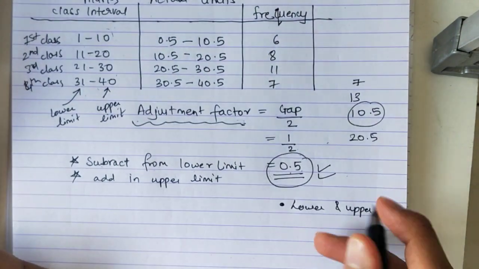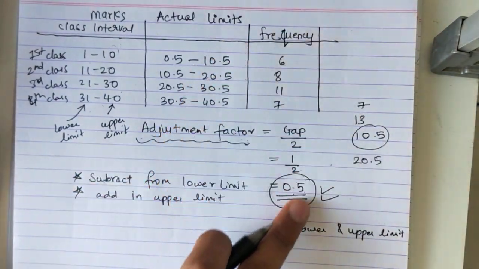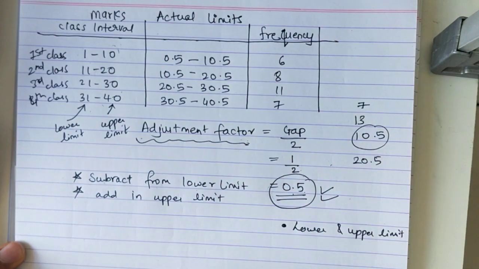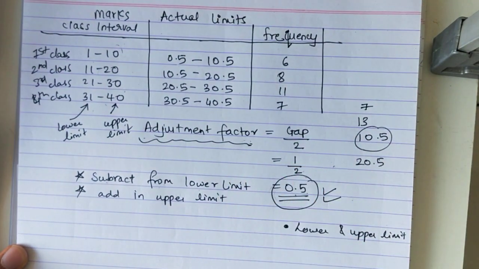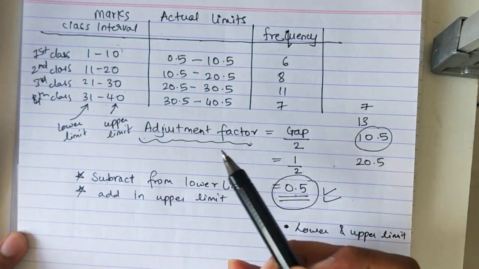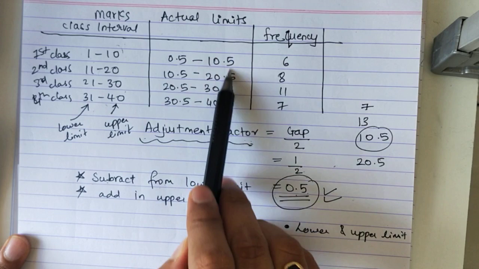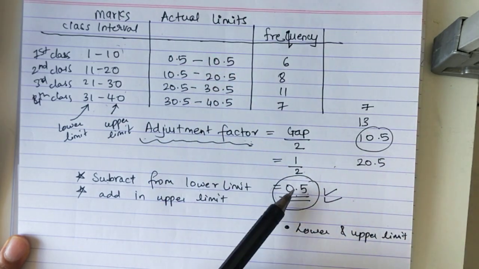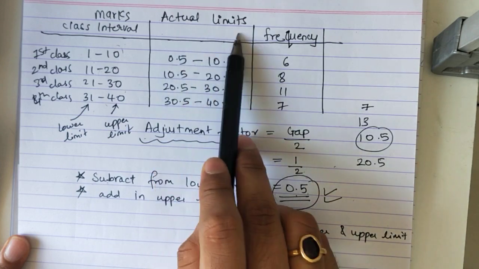Now I'm noting down the points which we keep on learning here. This page is very important for explanation. Whatever I'm writing on this page today, everything is your explanation. Now what are actual limits? So these are actual limits. After subtracting and adding the adjustment factors, the limits which you get are called actual limits.